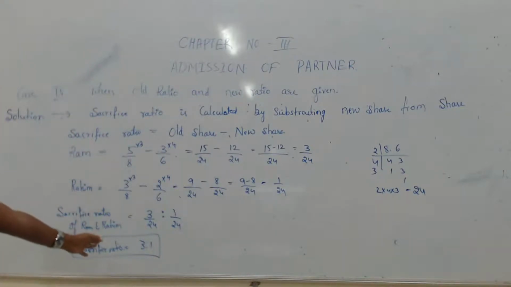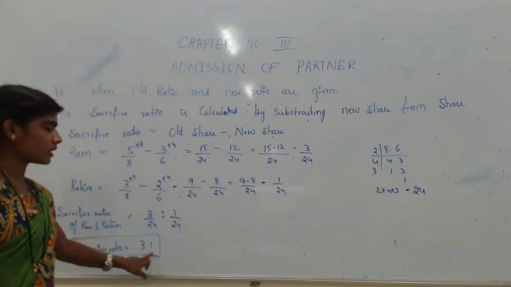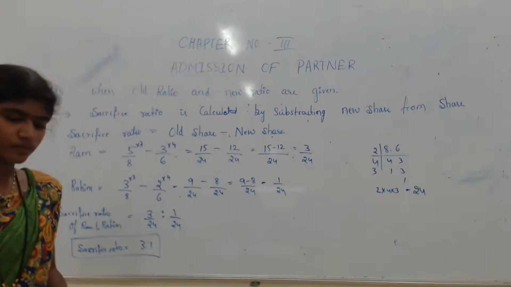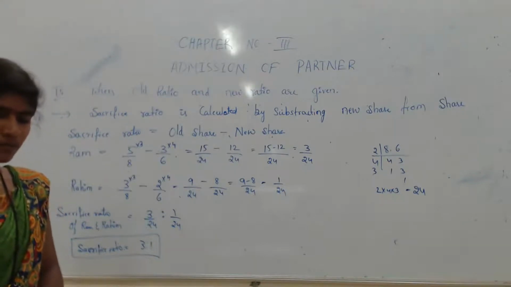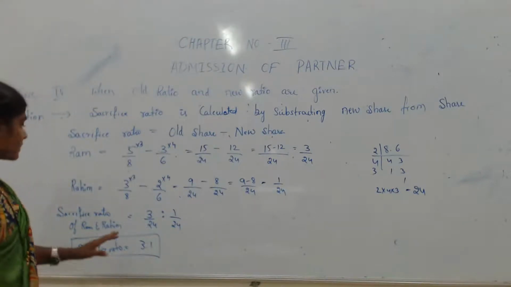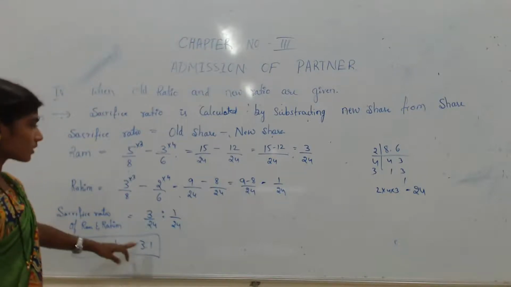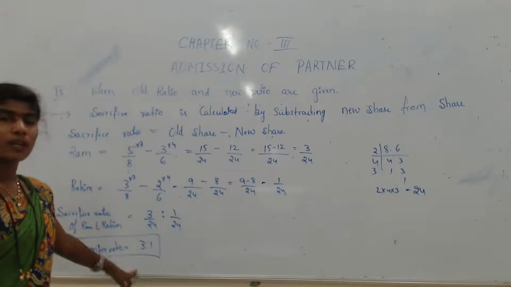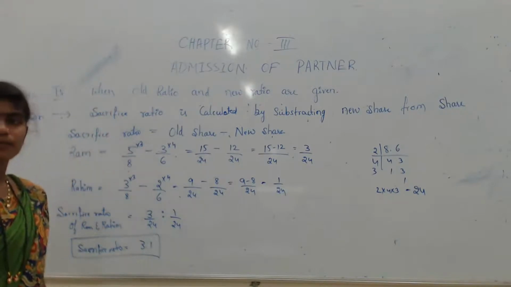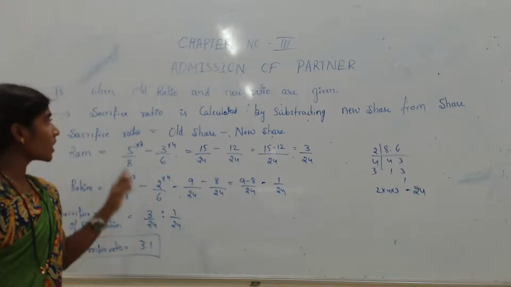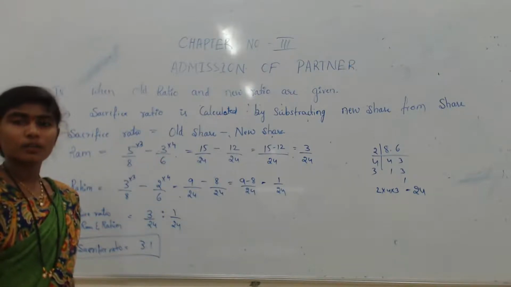It is the sacrifice ratio of Ram and Rahim. Like this, we have to calculate the sacrifice ratio under the fourth case, when there is an old ratio and a new ratio in the question.